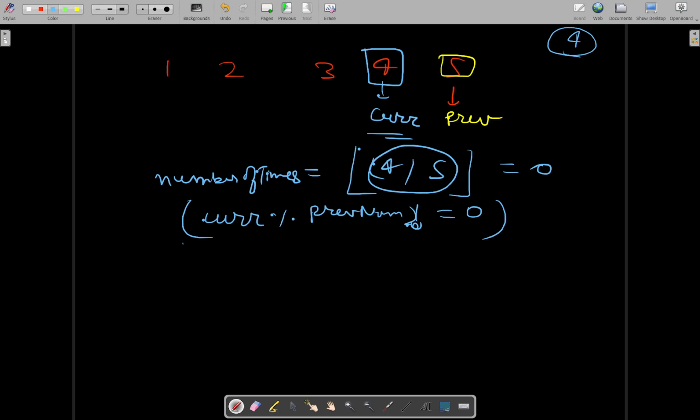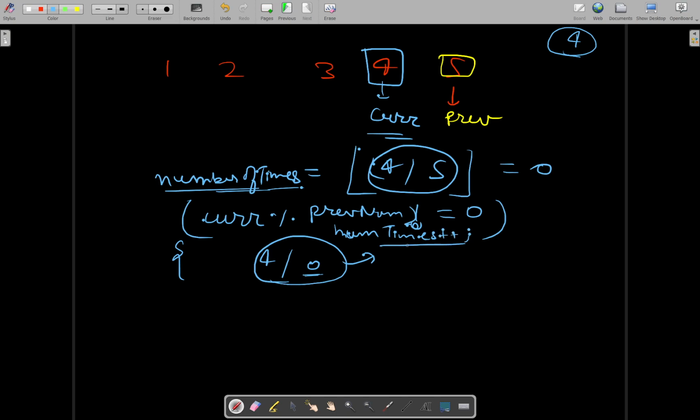So let's say you do 4 divided by number of operations. Number of operations for your number of times is 0. So it will not be a valid operation dividing by 0. So instead of dividing by 0, you will first increase your number of times, which you will be increasing anyways. But it matters that you increase before calculating the previous number.